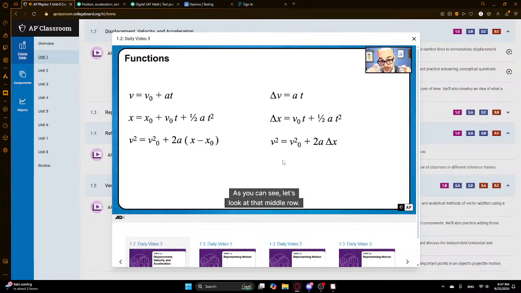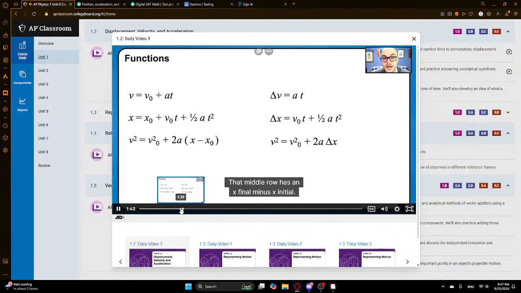As you can see, let's look at that middle row. That middle row has an x final minus x initial. We're comparing position. On the right side, you can see I've just written delta x. Delta x is the difference between final and initial position.